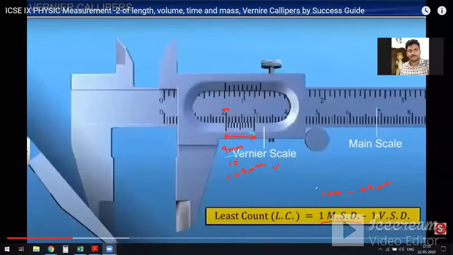How much is the value? Your answer will be 0.1 mm. Just solve this: 1 mm minus 0.9 mm is 0.1 mm. And if you convert 0.1 mm into centimeter, it is 0.01 centimeter.